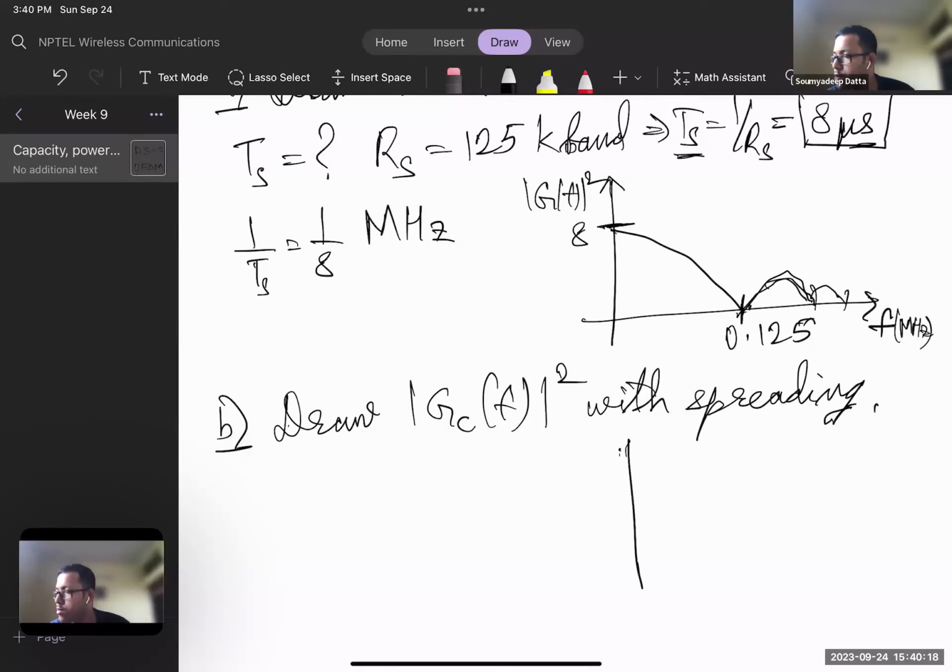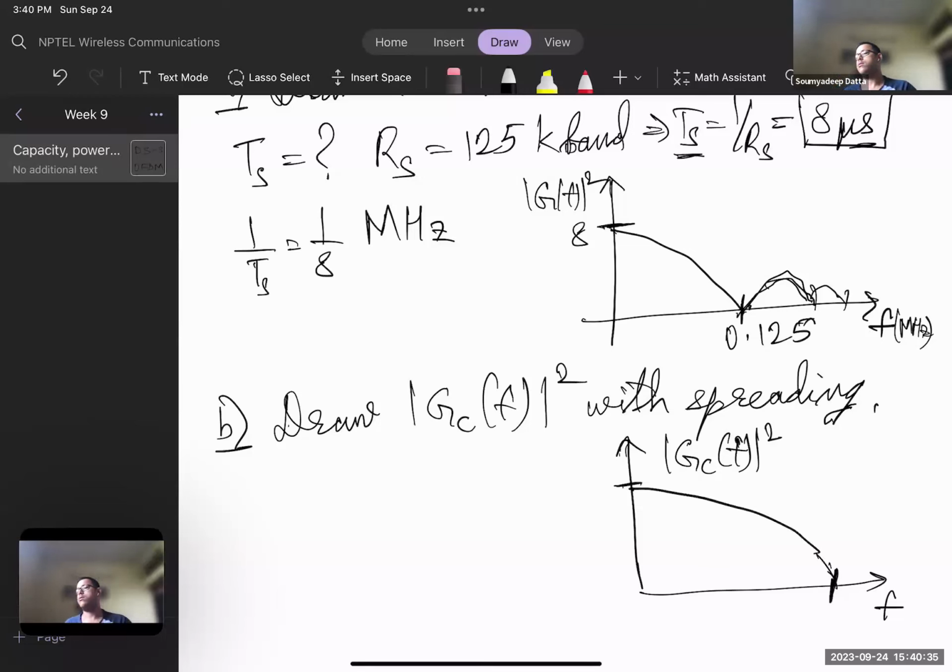So if I need to draw this, so this is mod GC of f whole square versus f. So I need to find out the magnitude and the first crossing point, right? And it will look something like this. Or maybe not exactly. So magnitude and first crossing point.